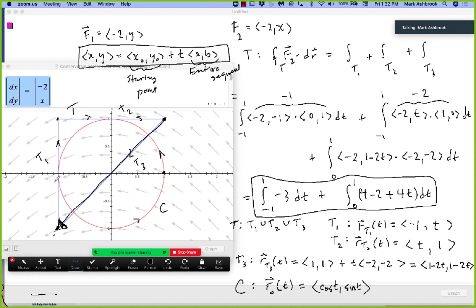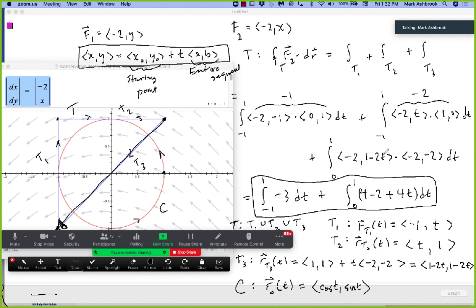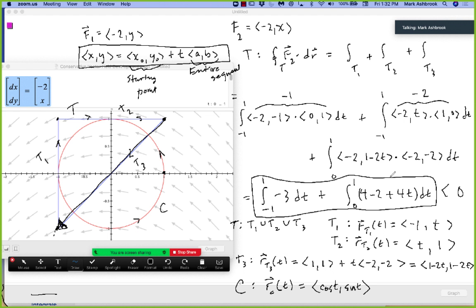But we had all this negative coming up T1, all this negative coming across T2, and then some positive on T3. Conclusion? Probably negative. We're going to go that's going to be less than 0.